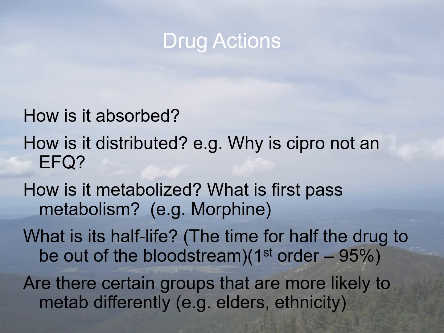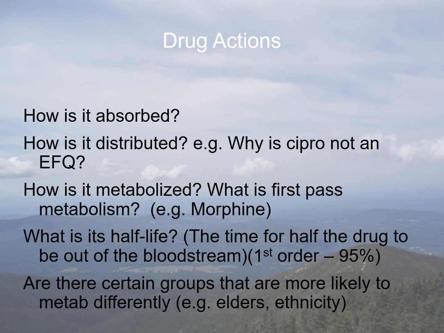Half-life, as noted, half-life of a drug for most of them is first order, 95%. Some of the ones that have zero order are actually on the next slide. And then there's some things that you need to know as far as metabolism. Elders may metabolize differently. Ethnic factors may be a factor.